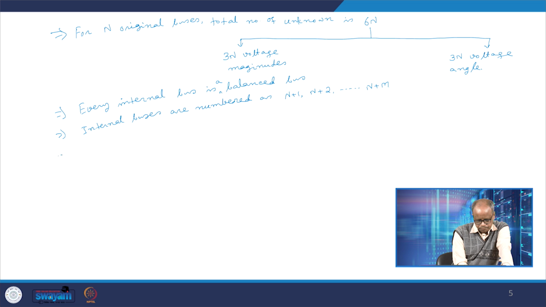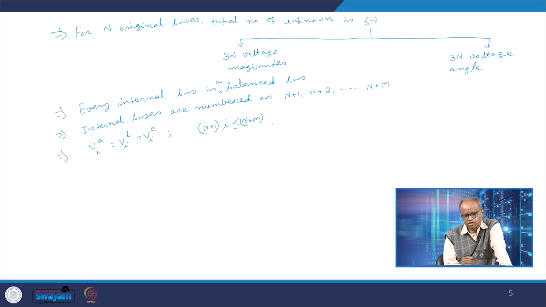Because every internal bus is balanced, I can write down that VIA is equal to VIB is equal to VIC, where I is from n plus 1 to n plus m. What does it mean?